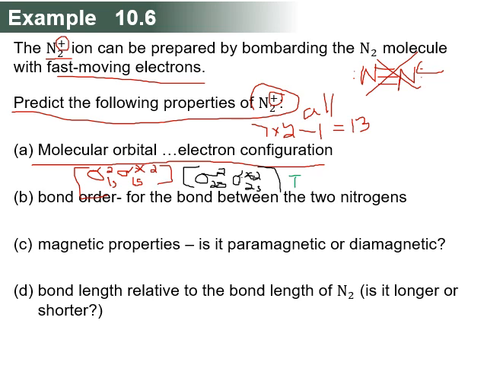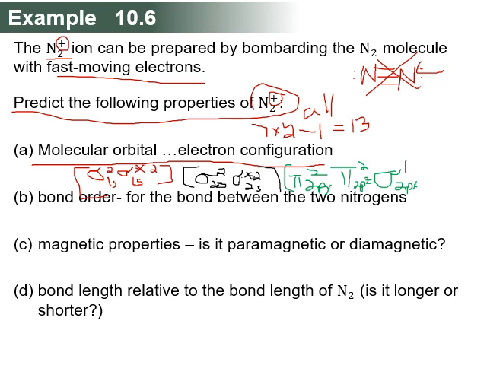So here's our pi 2py, and there's 2 of them, and then pi 2pz, and these are both bonding, and there's 2 of them. And now I have 1 more to put in, and it looks like that's going to go into the sigma 2px. That's what comes next. And that one is also bonding, and there's 1 of them.